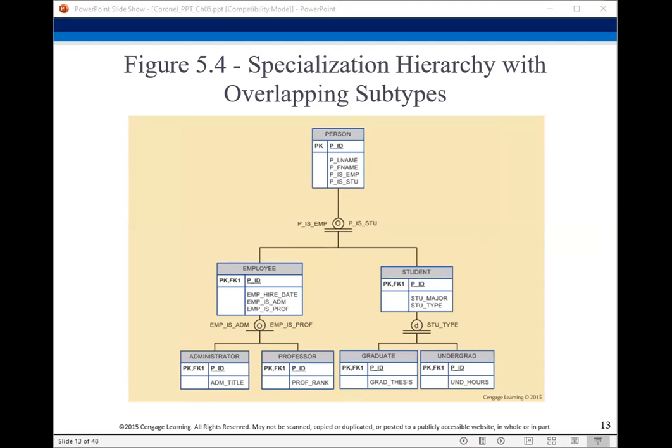If an employee turns out to be a professor, they may also be an administrator at the same time. Student and employee are overlapping subtypes of the type person, just as professor and administrator are overlapping subtypes of the supertype employee.